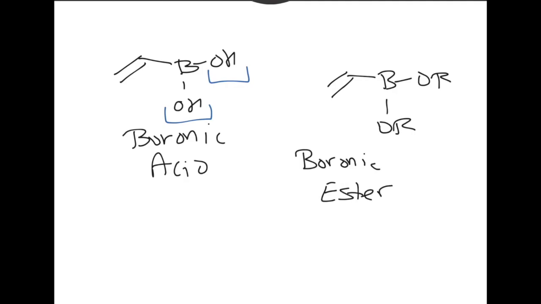And this is similar to just a carbon ester, right? I replaced OH with OR. So it's the same thing as going from a carboxylic acid to an ester. You replace the OH with OR.